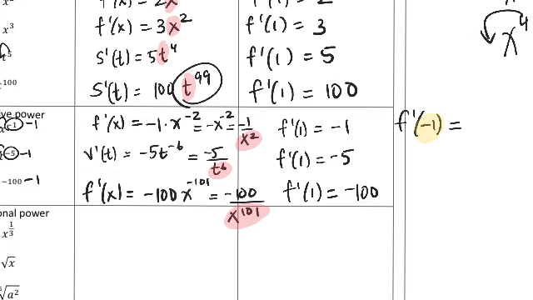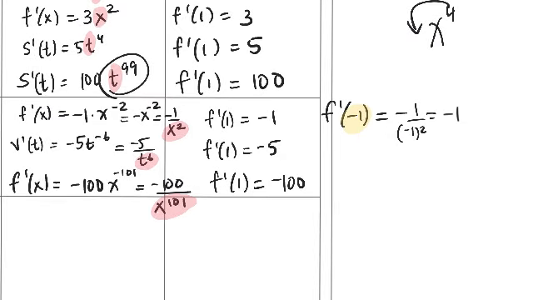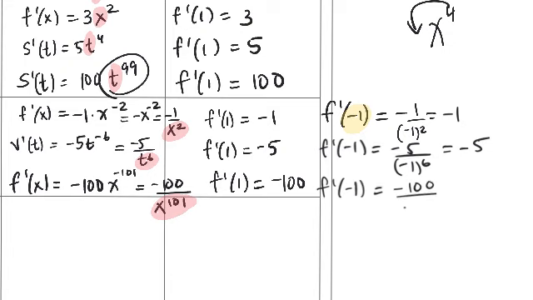So f prime of negative 1 for these three would be: the first one, negative 1 over negative 1 quantity squared, which is negative 1. The second one would be negative 5 over negative 1 to the power 6, which would be negative 5. And the third one would be negative 100 over negative 1 to the 101 power, which is negative 100 over negative 1, or positive 100.